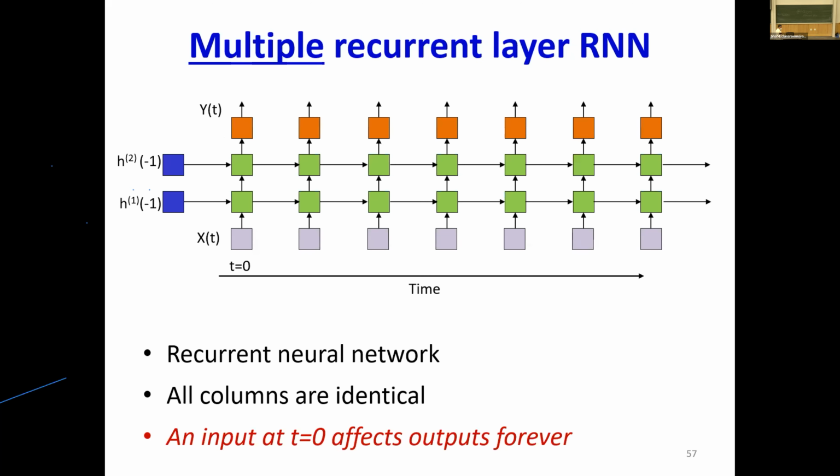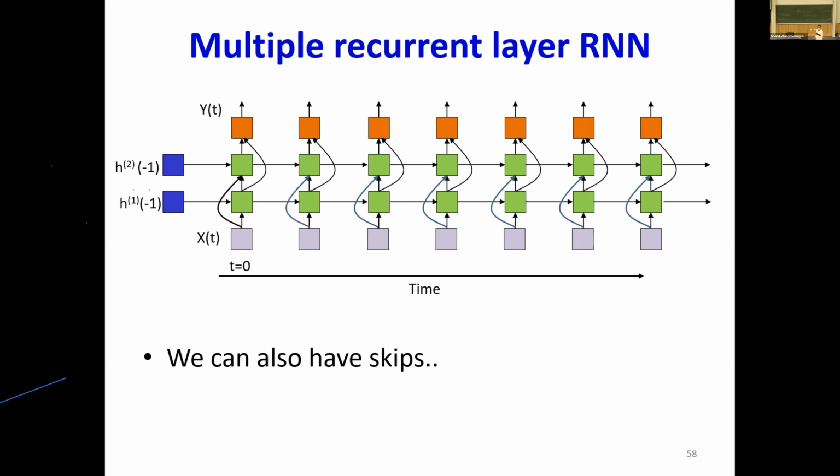I can have a more complex state of this kind, where the hidden state has two layers, in which case I'm going to have to specify the initial value for both layers. Or I can even have more complex connections of this kind. Again, remember that this is everything in between the input and hidden state.